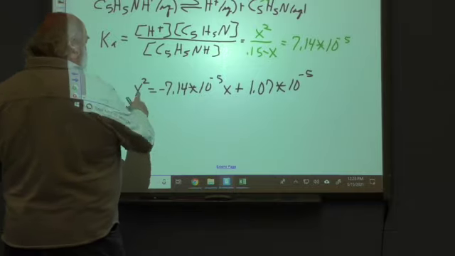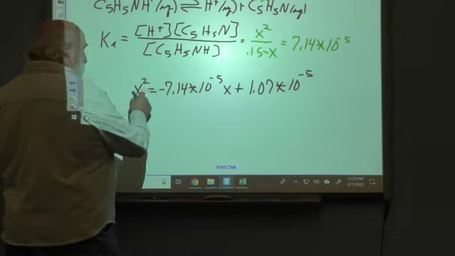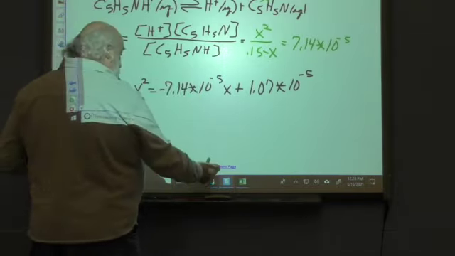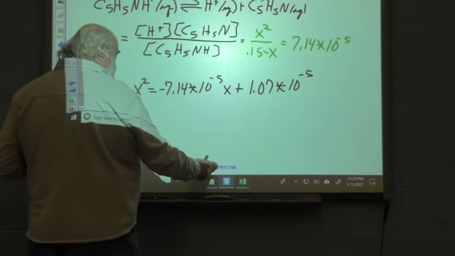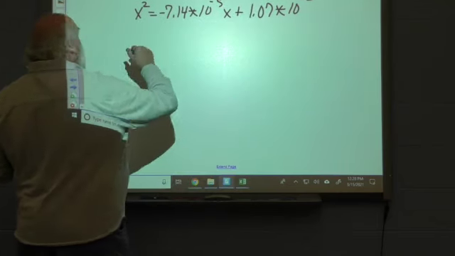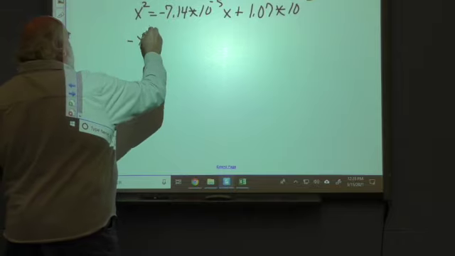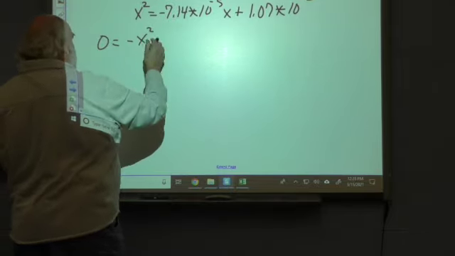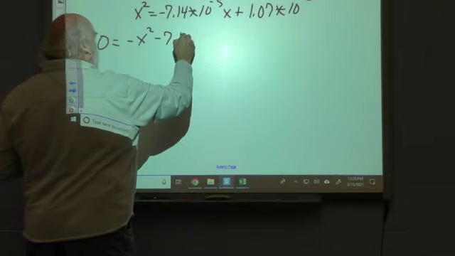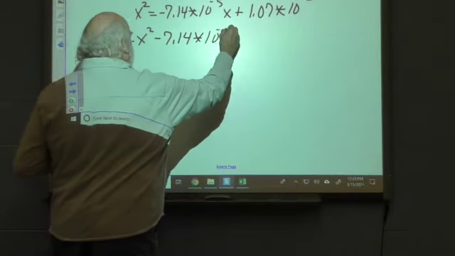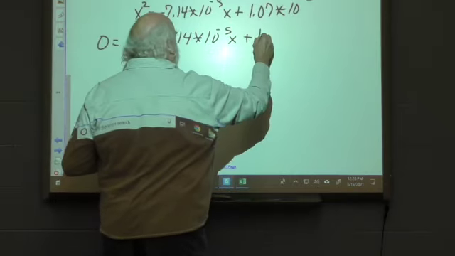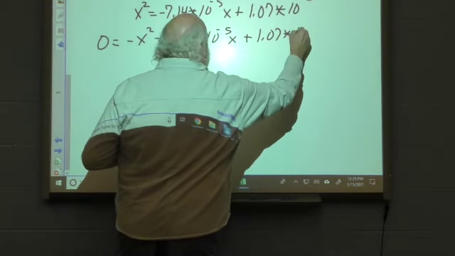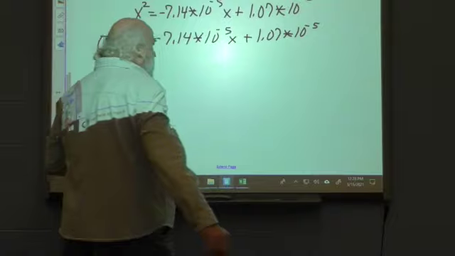Then I'm going to move the x squared over, put it in front, because I'm going to go in order of the exponent values. So that's negative x squared. That's going to equal 0 because nothing's left over there. Subtract the x squared to get negative x squared minus 7.14 times 10 to the negative fifth x plus 1.07 times 10 to the negative fifth.